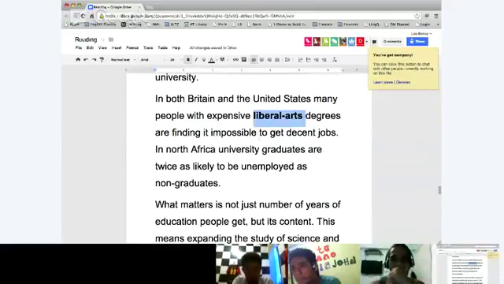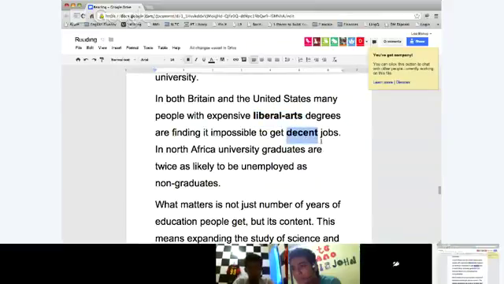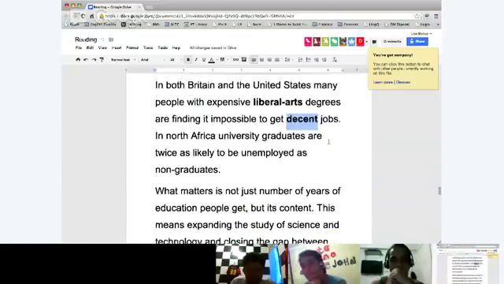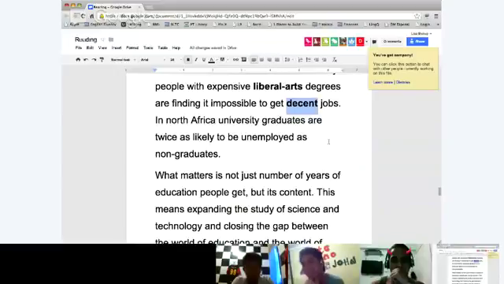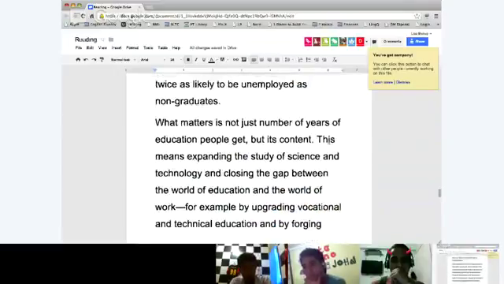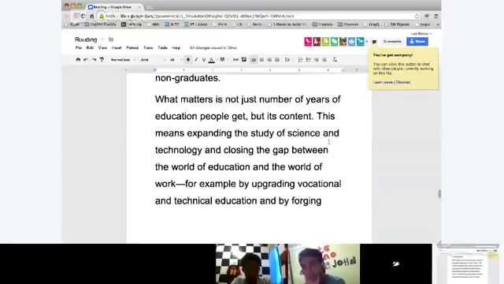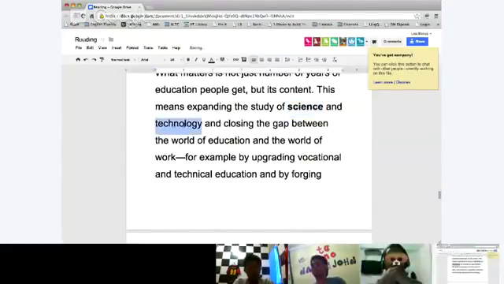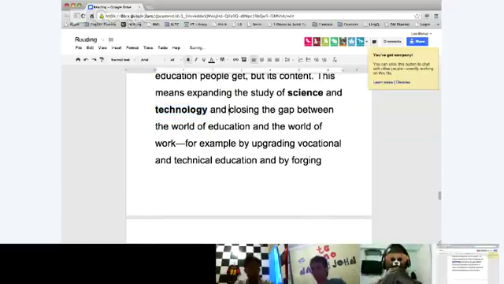So it's hard for them to get decent jobs, like a good job that will actually pay them to be able to own a house and own a car and that kind of stuff. So it's hard to find jobs using those skills that they have. So what they're saying is that people need to start studying more science, technology, and close the gaps. So that means get closer between education and work.